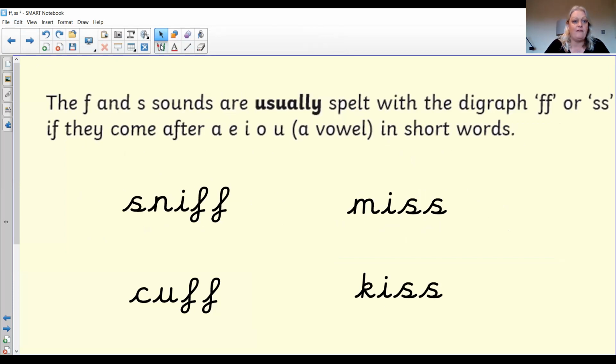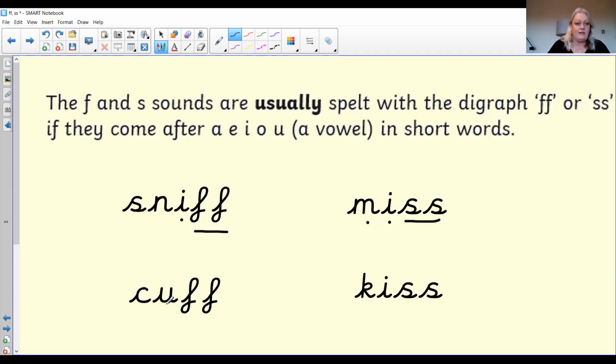So let's spot the vowel in these. You've got the sn, i, there's your vowel, followed by the digraph. Let's find the vowel in this one. There it is, i, s. And then you use the digraph ss at this one.